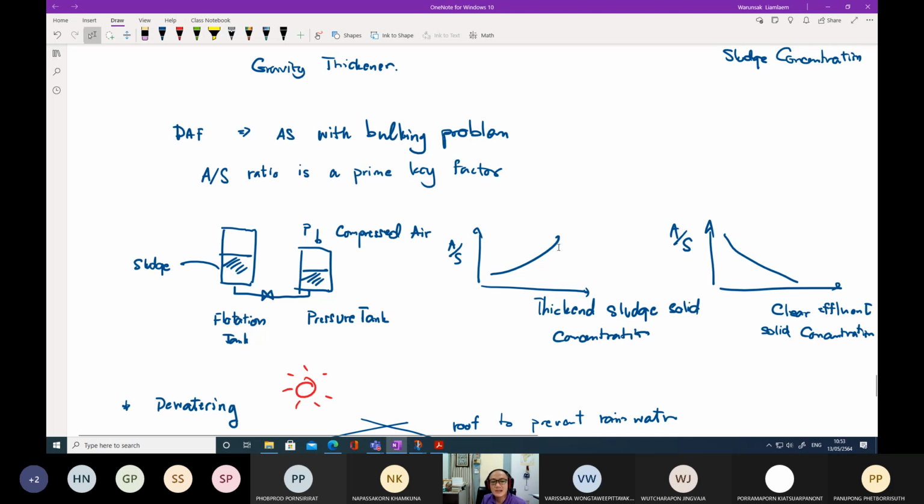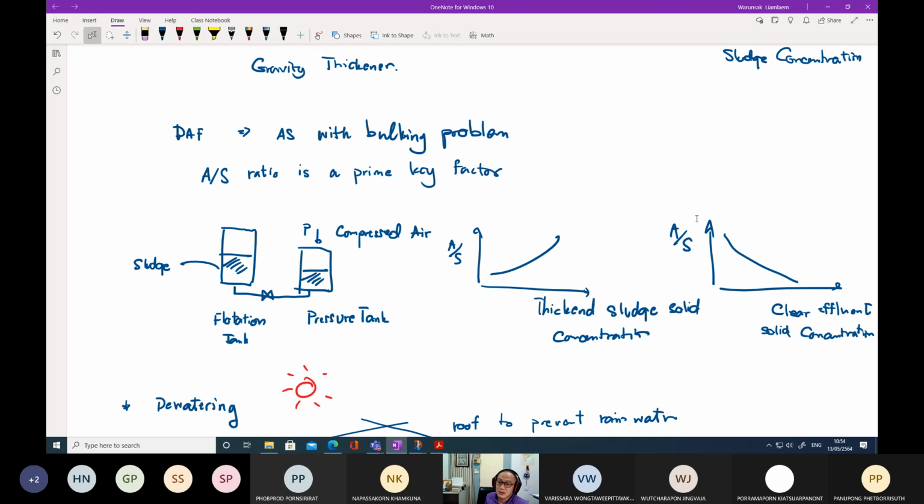If we could increase the air to solids ratio, the efficiency of removal will be better. We can get high concentrations of thickened sludge, and at the end the effluent solids concentration will be very low if we apply a higher air to solids ratio.